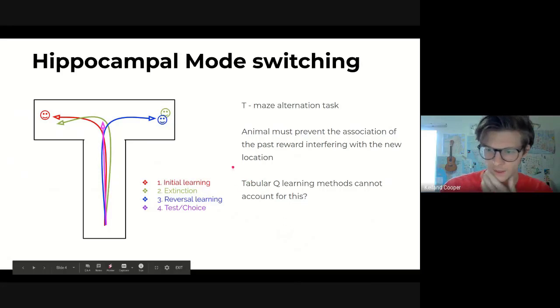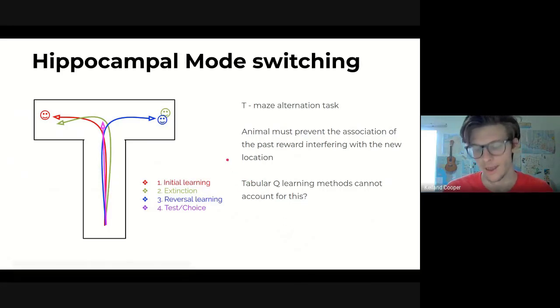trying to study how this whole thing works, was what we called hippocampal mode switching. That being when you have any, let's say, Hebbian learning system, you have learning, which would be the strengthening of the weights, but then you need to get that information back out. That would be recall, which would be the reactivation of that network, for instance.